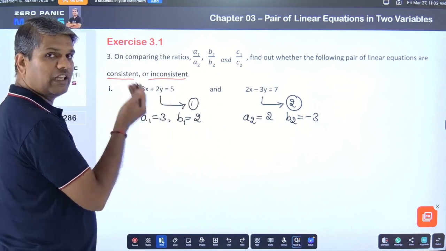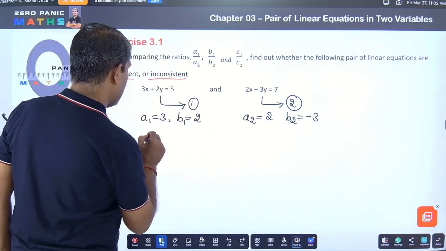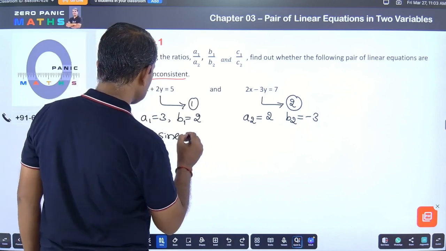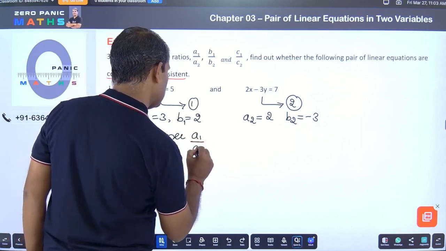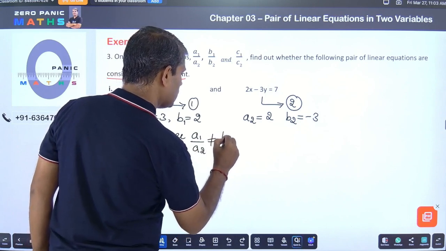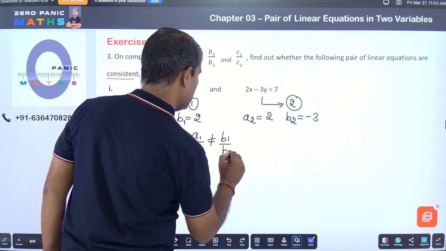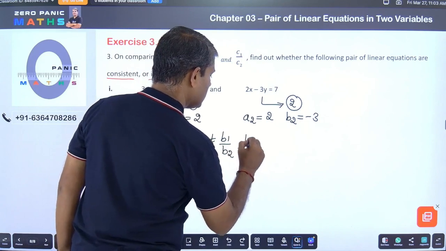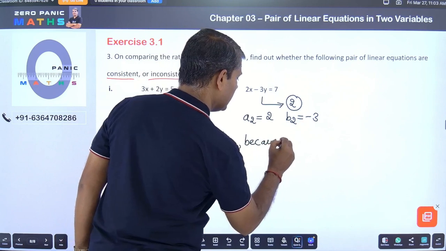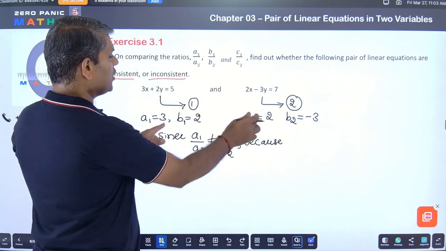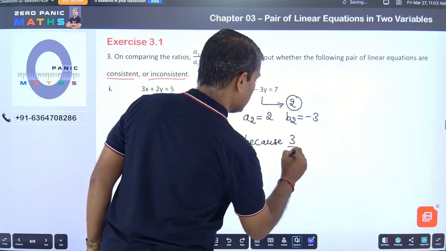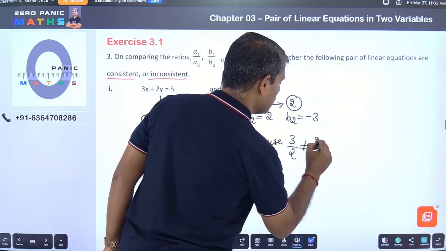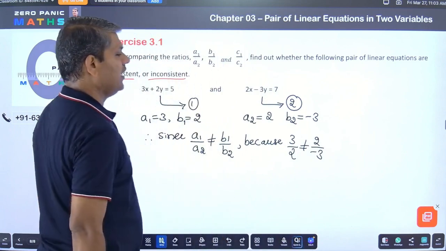So since A1 by A2, 3 by 2, is not equal to B1 by B2, 2 by -3.